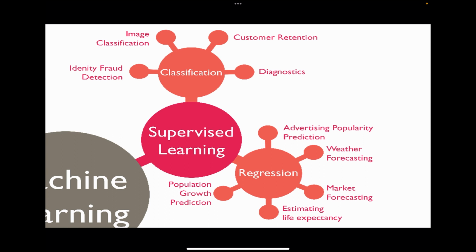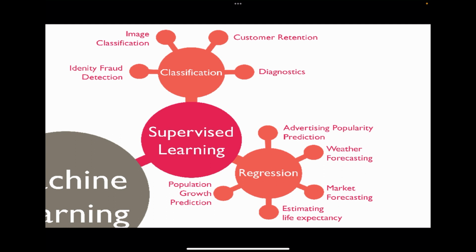For example, if we want to work with a set of images of cats or dogs and want to predict whether the given image is of a cat or a dog or some other animal, then this falls under the case of supervised learning. Another example can be predicting the market forecast and whether the stock price is going up or down, or some other examples.